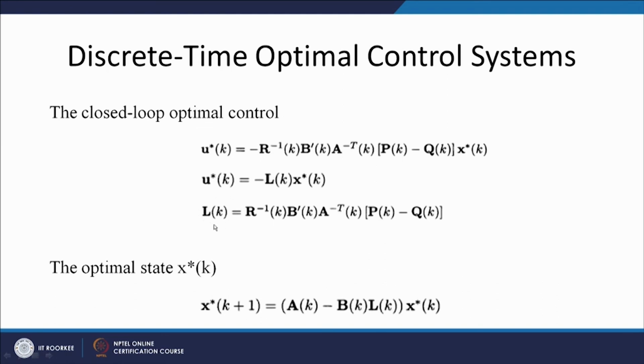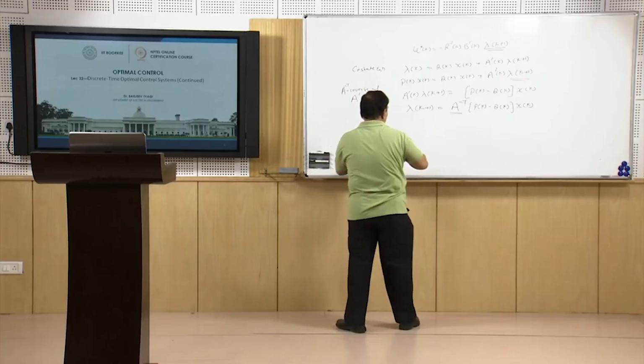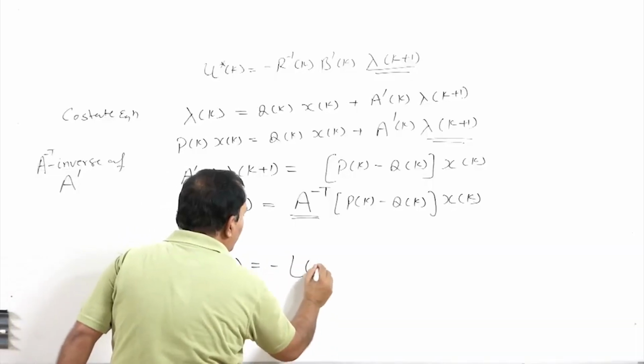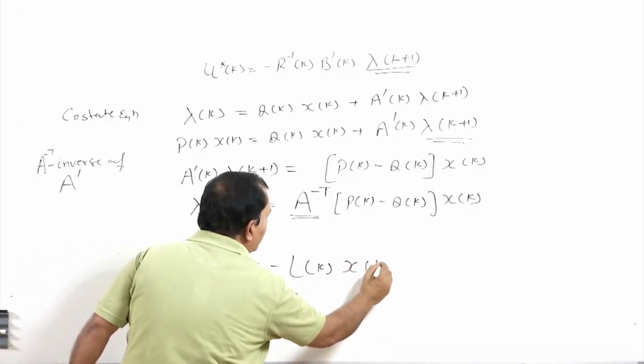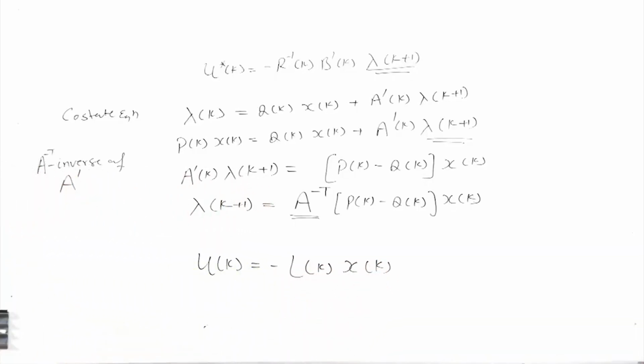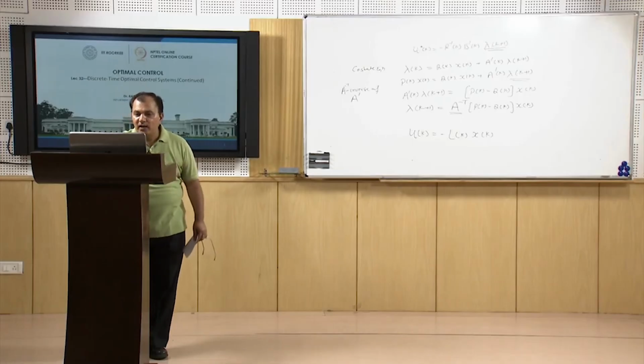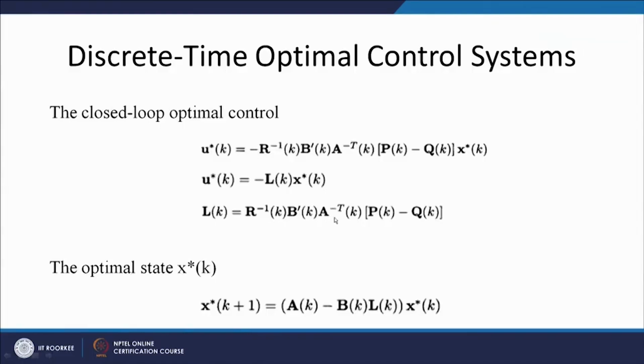So, if this is defined as my Lk, I can simply define Uk in terms of my Lk Xk, where Lk will be my controller gain, which is given as R inverse B transpose inverse of the A transpose Pk minus Qk.